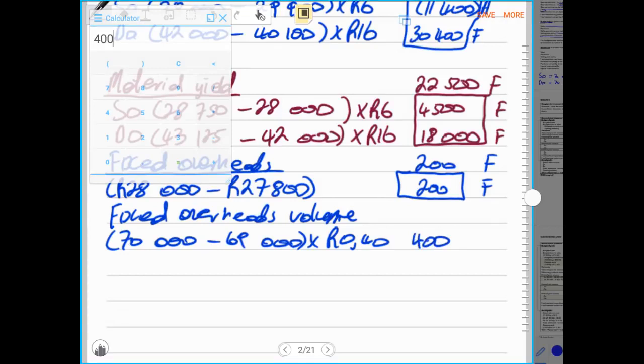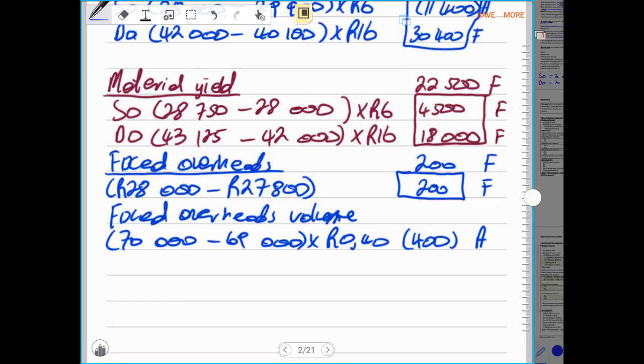So that is the last variance that you need to take into consideration, and this is an unfavorable, adverse variance. Let me write it in the manner that will make sense to everyone, where we have 70,000 here and 69,000, because you might wonder why it is positive yet it is unfavorable.